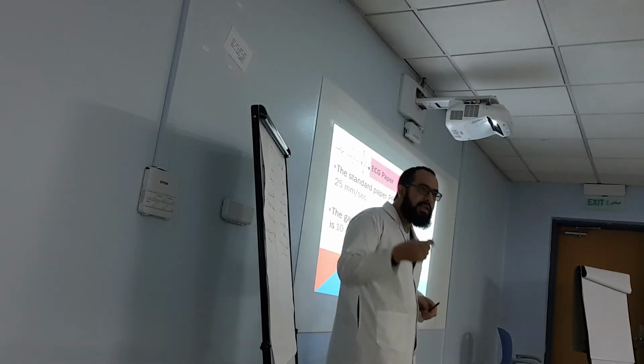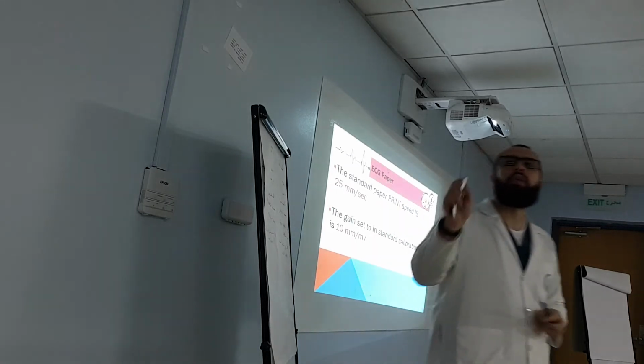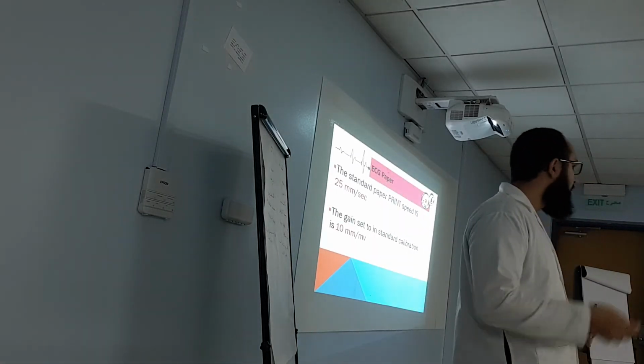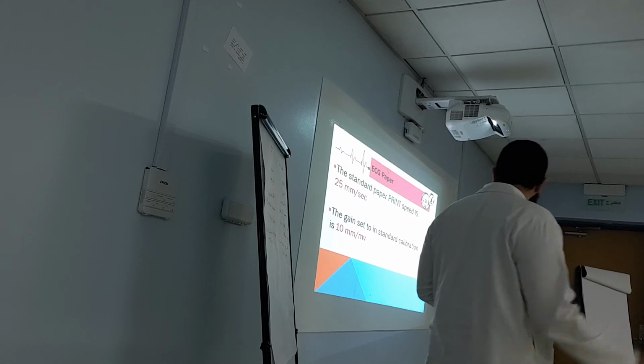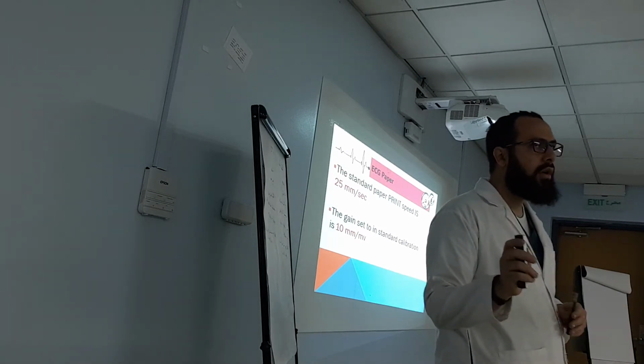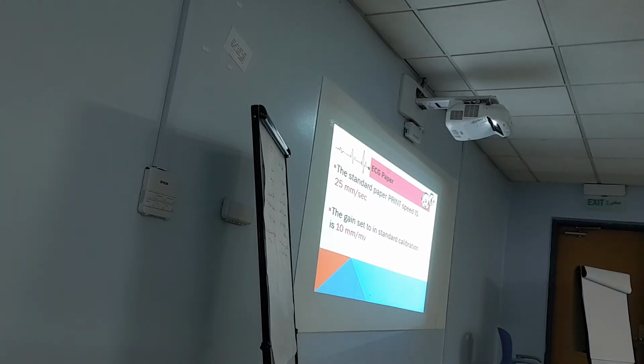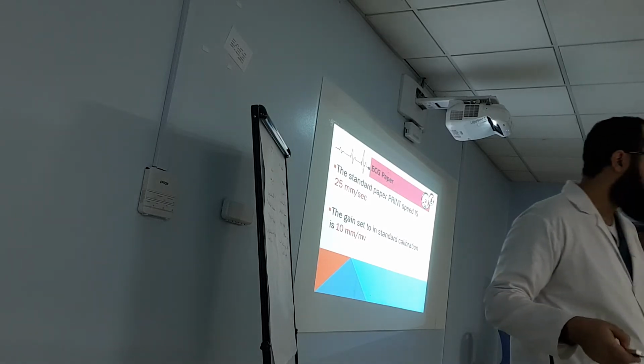Speed and gain. The speed has to be 25 millimeter per second, and the gain has to be 10 millimeter per millivolt. Okay, guys? Anybody have any doubt? Should we clear it now? Later, otherwise we will have more confusion. Shall I move?